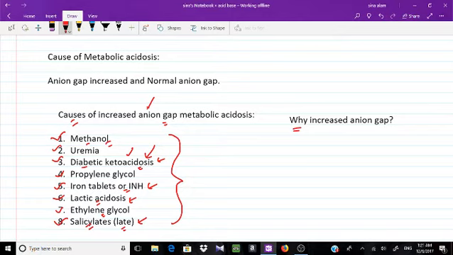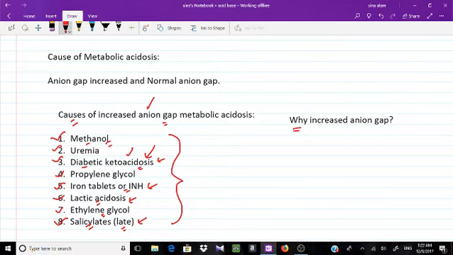I hope you know what this is, right? There is ketoacid production due to lack of insulin. The insulin's control mechanism is lost, and the body cannot control the lipolysis. The body cannot control the gluconeogenesis, and everything is haphazard. Glucose cannot enter the fat cell or the skeletal muscle, and the body thinks there is no glucose, although there is a lot of glucose, and there is production of ketone bodies by the breakdown of fat.